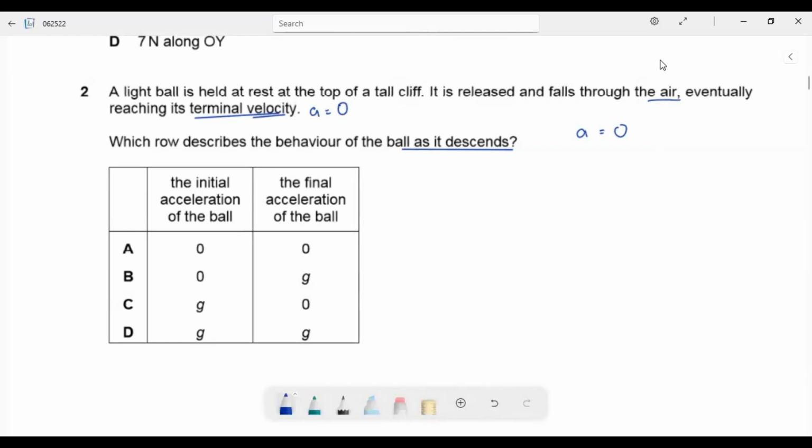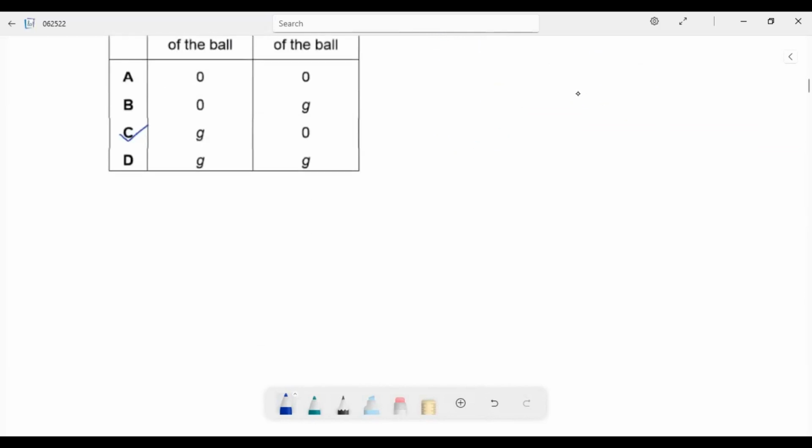So initially the ball is at rest, and when it starts falling, it will have an acceleration of g, and when it reaches terminal velocity, the acceleration will be 0. So the right answer is C. Initially it is g and finally it is 0.